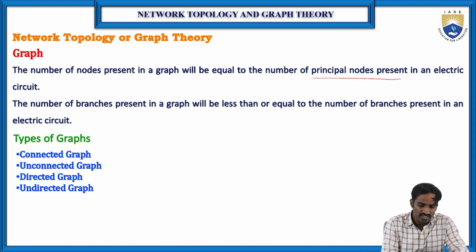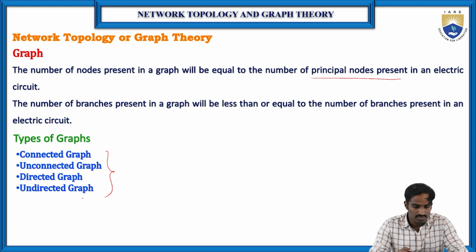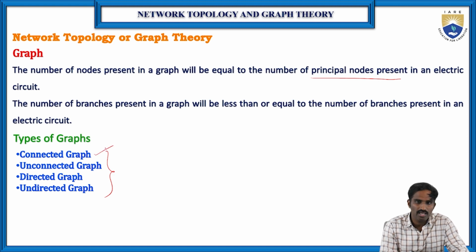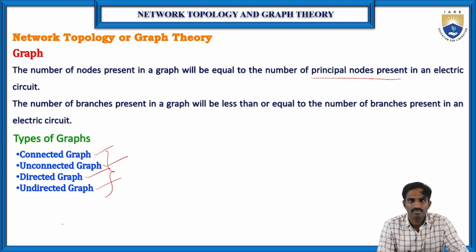Then there are various types of graphs. One is the connected graph and unconnected graph, and directed graph, undirected graph. And there are planar and non-planar graphs also, which we will discuss later.